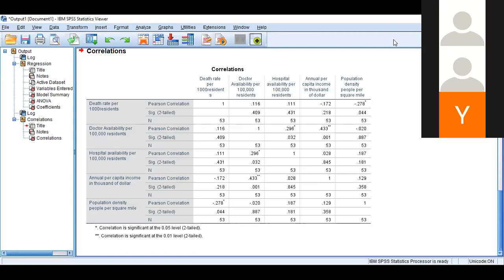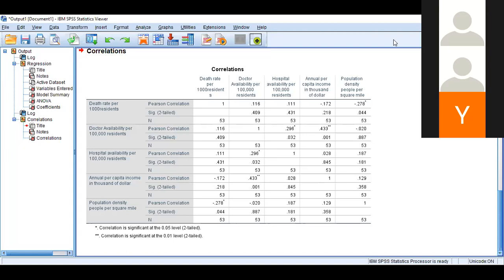Normally, you expect that doctor availability and death rate should be negatively correlated, but it's positive. So you can have many doctors, and if they are concentrated in one place, it doesn't really help. The same thing with hospital availability: you expect it to correlate negatively with death rate, but it's positive.